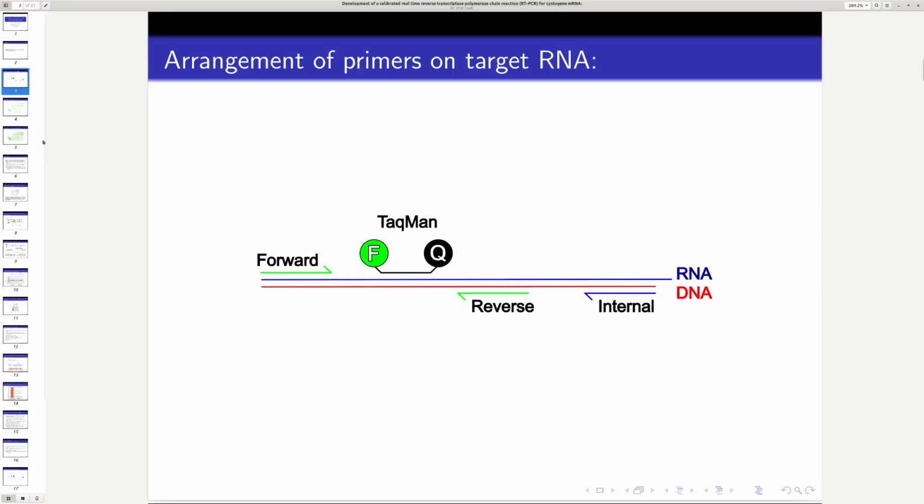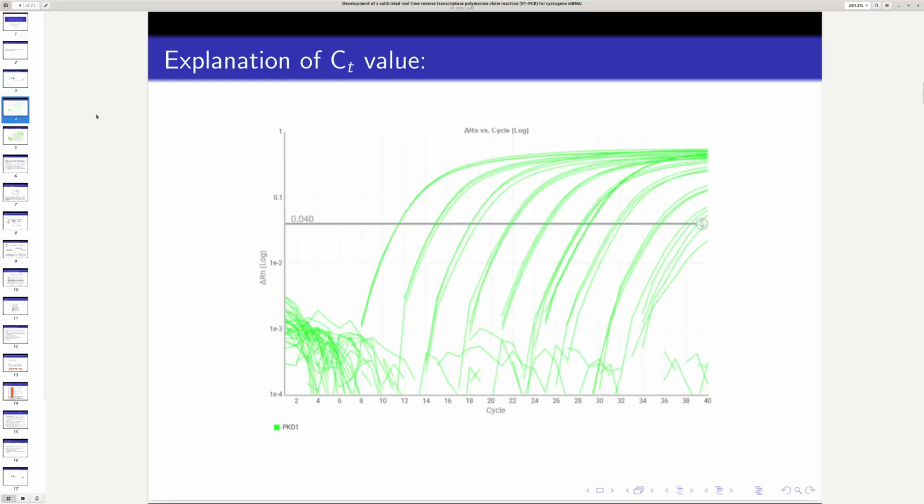So let me explain. In the real-time PCR machine, we have a fluorescent threshold, okay, which can be thought of as a finishing line in a race.